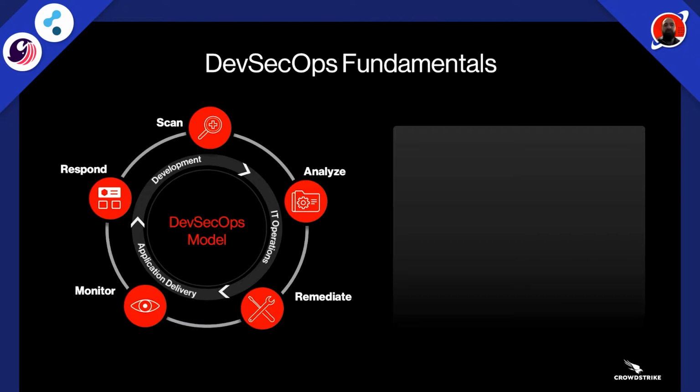So this allows developers to provision and scale the infrastructure without involvement of a separate infrastructure team. And there's been a growth of serverless functions, microservices, and containers by developers. And this has introduced new security risks that now need to be accounted for.